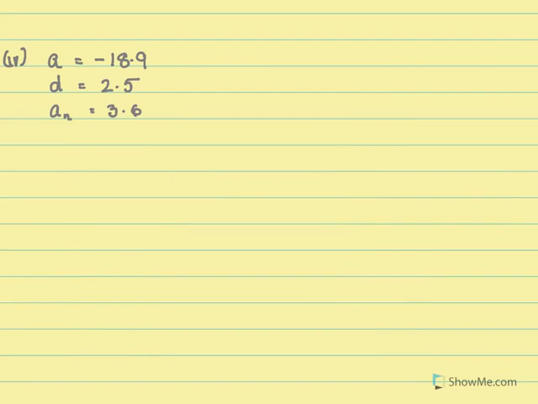Next, a equal to minus 18.9, d equal to 2.5, a_n equal to 3.6. We need to find the value of n. So here we use the formula a_n equal to a plus (n minus 1) d. Our a_n is 3.6, a is minus 18.9, n we do not know, and d is 2.5.